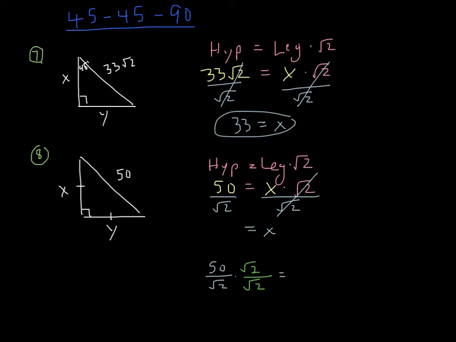So I've got 50 radical 2 on the top, because when I multiply fractions, I just multiply across the top, the numerator, and across the denominator. I can't actually multiply the 50 and the 2 since the 50 is outside the radical, the 2 is inside. I get radical 2 times radical 2 gives me radical 4, and that simplifies to just a good old 2.